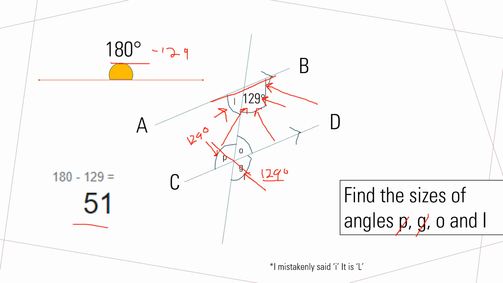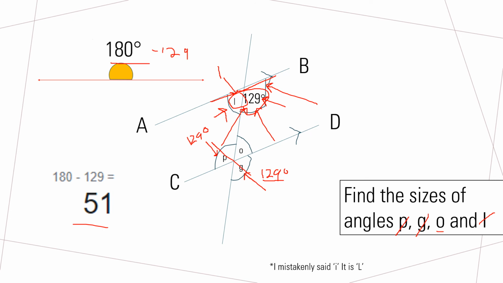So in this line, we have two angles, angle L and angle 129 degrees. So now we already have found out what is the size of angle L here, which is 51 degrees. So now we have to find out O.